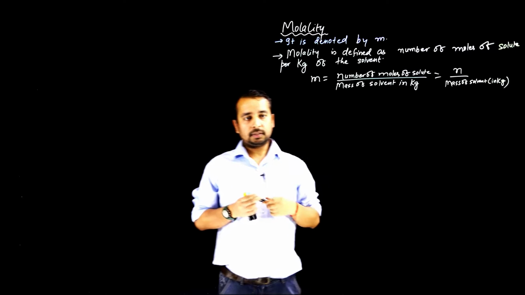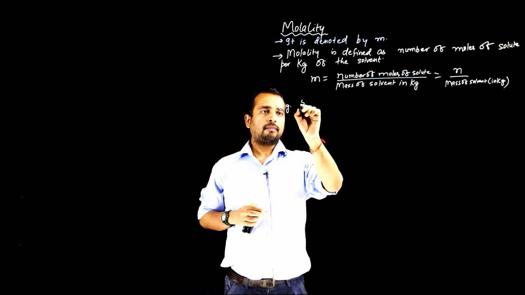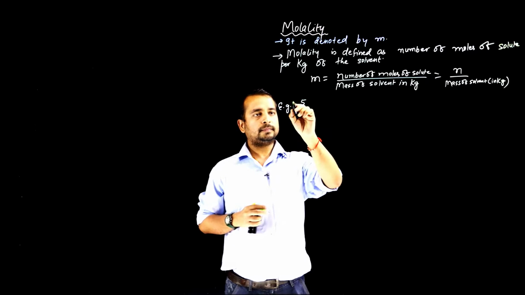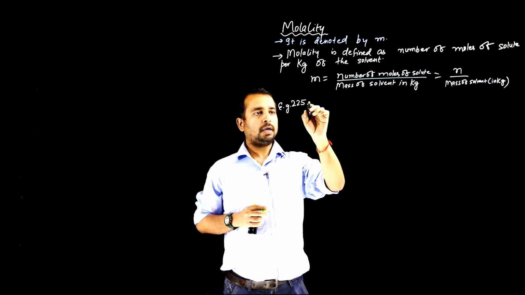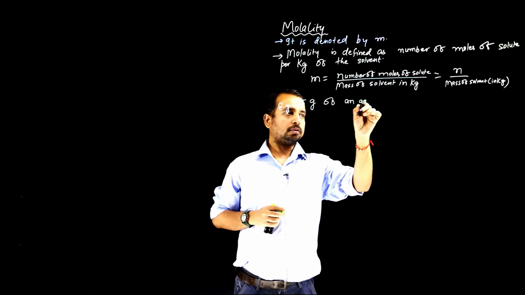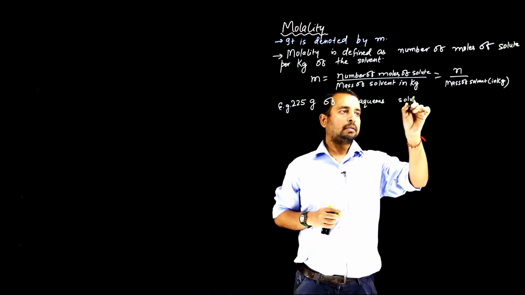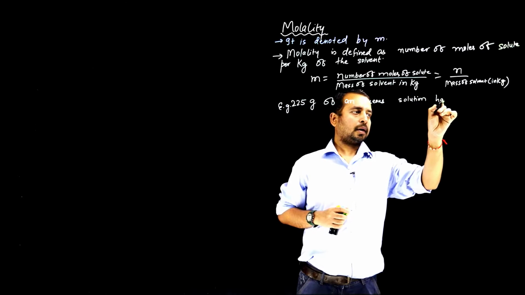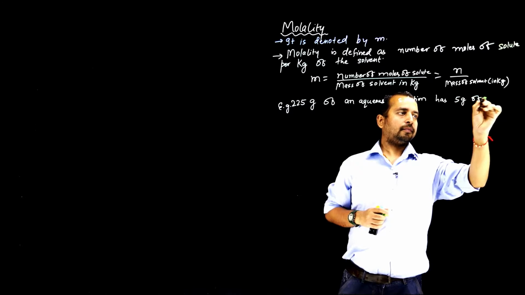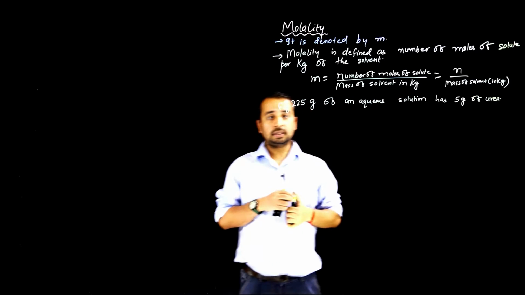Now we take an example. If 225 grams of an aqueous solution has 5 grams of urea, how can we determine the molality of this solution?